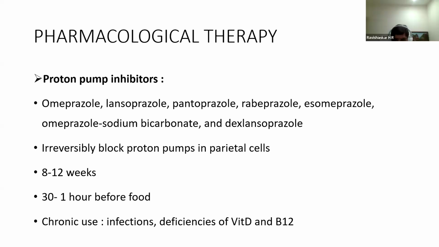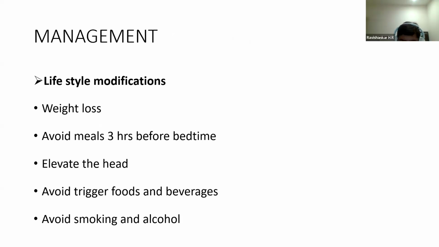So what does smoking do? Ainas, you are very quiet. What does smoking do? Is she there or not? She went to attend a call, sir. Sir, there, sir. Yeah, Ainas, tell me. Sir, it causes lower esophageal sphincter relaxation, sir.